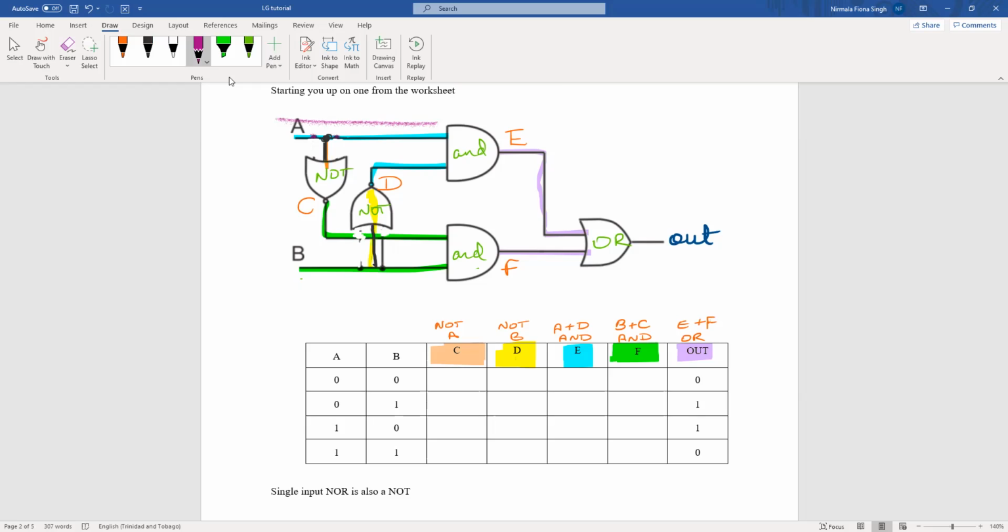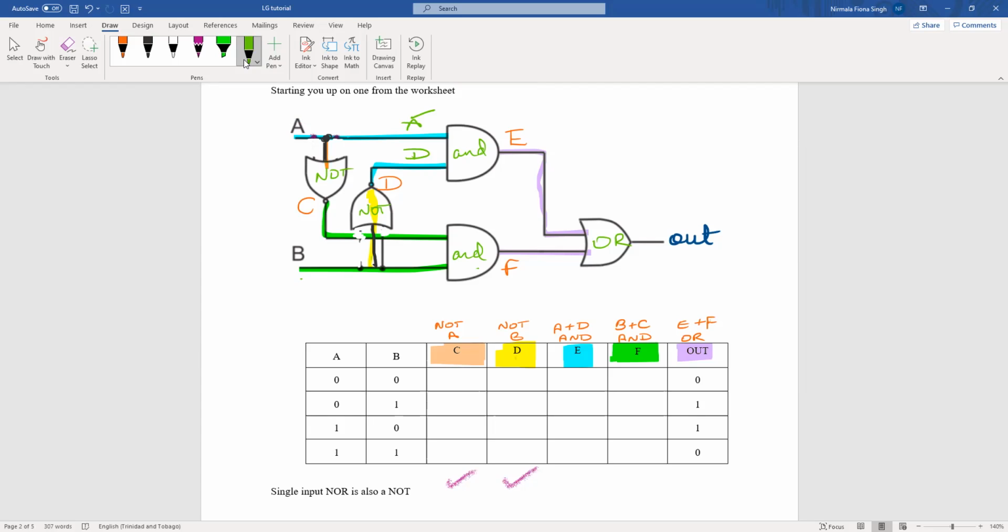So let's now look at the circuit to analyze. We have both C and D, and we know what C and D are. A and D, this is the A signal and this is the D signal, pass through an AND gate to give us E. I have it color coded, hopefully you're following.